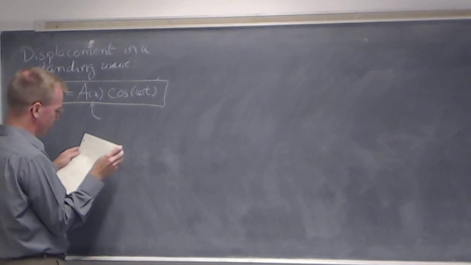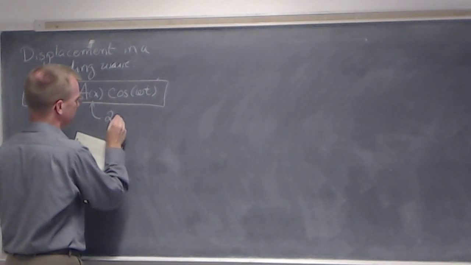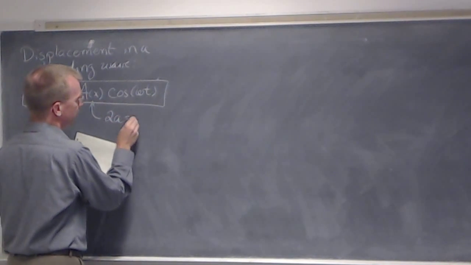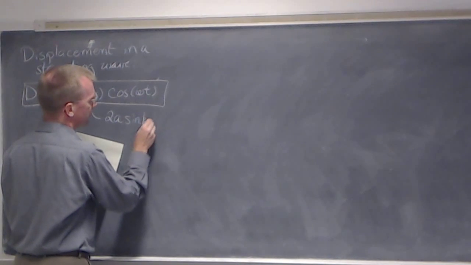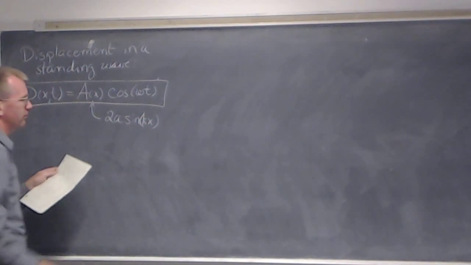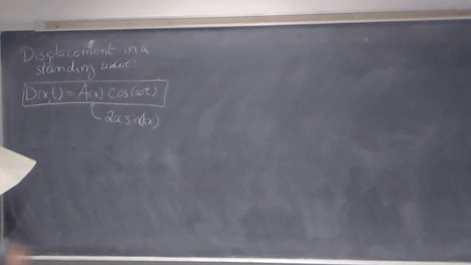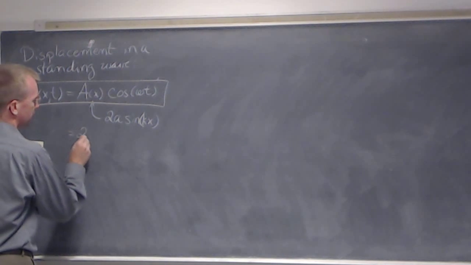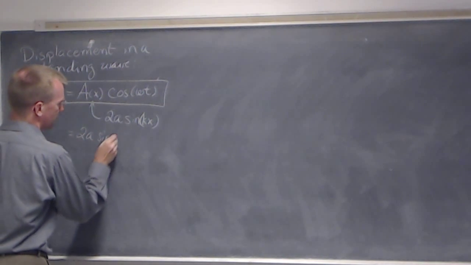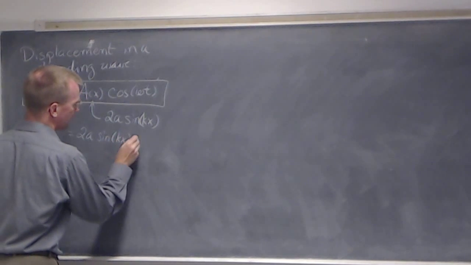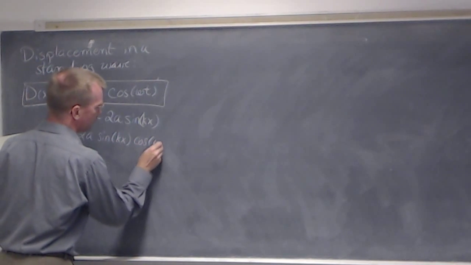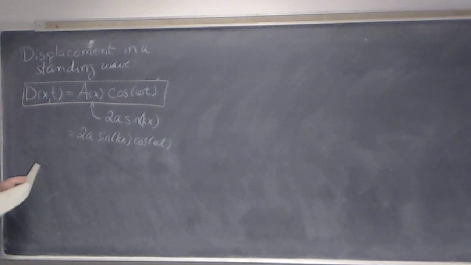Where the amplitude function is equal to 2A times the sine of kx. Okay, putting that all in, we get that: 2A sine of kx cosine of omega t.